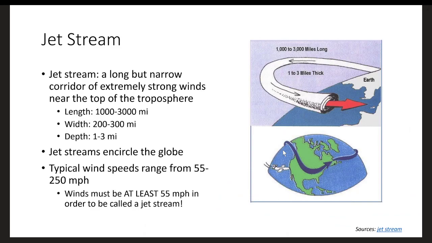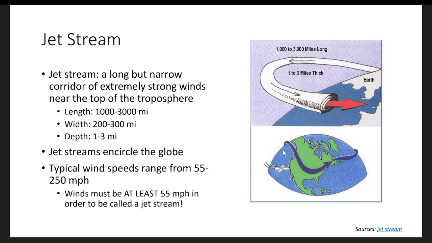Okay, the jet stream. Beautiful rope looking thing. It's a long and narrow corridor of extremely strong winds near the top of the troposphere. So, very long, 1,000 to 3,000 miles, 200 to 300 miles wide, and 1 to 3 miles deep.